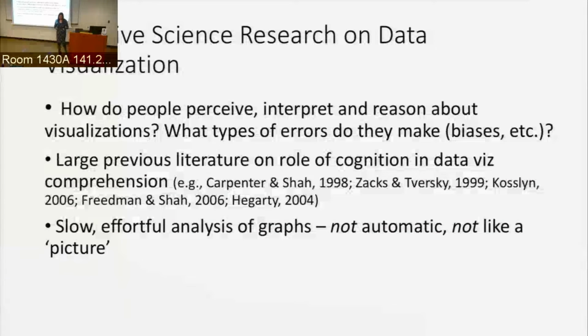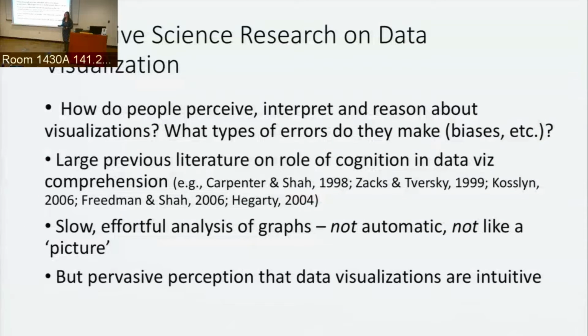One of the takeaways from all this research, very similar to my own takeaways from research in visual cognition, is that graphs require much more slow and effortful analysis than most people assume. I think there is a perception out there that data visualizations are intuitive, that you can just look at a graph and get an insight from it very quickly.